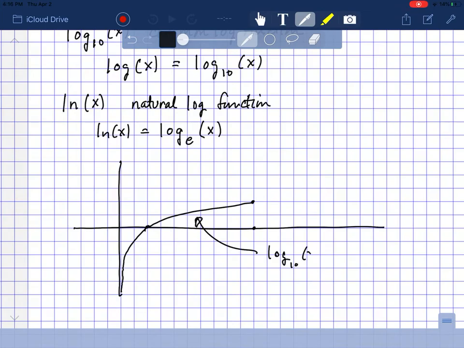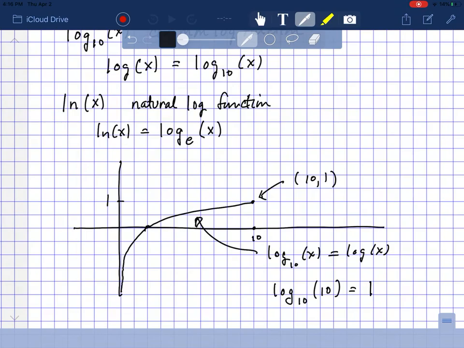This is the common log base 10 of x, equal to the log of x. Notice this point here, this is 10, this is 1. So this is the point 10, 1. We find that the log base 10 of 10 is equal to 1. Okay, we'll take a look at that in a minute.